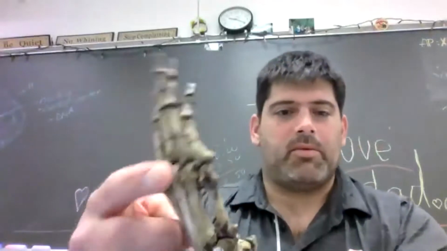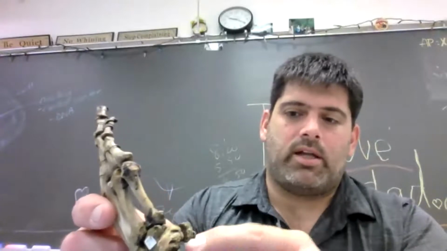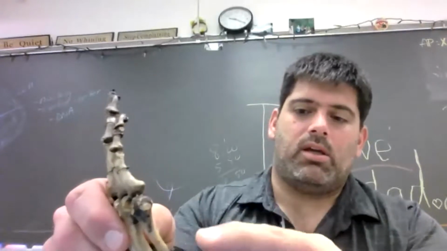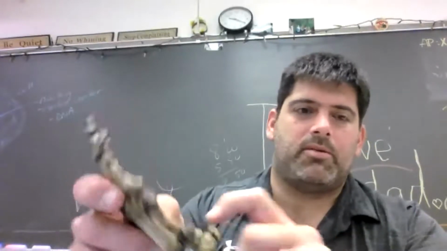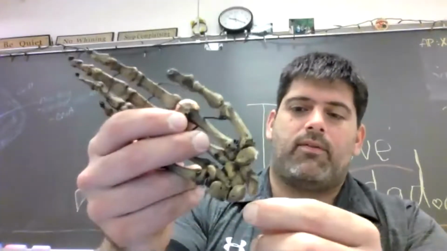So the way we remember these is a little mnemonic device. Straight line to pinky. Here comes the thumb. That's how we remember it. Scaphoid, lunate.